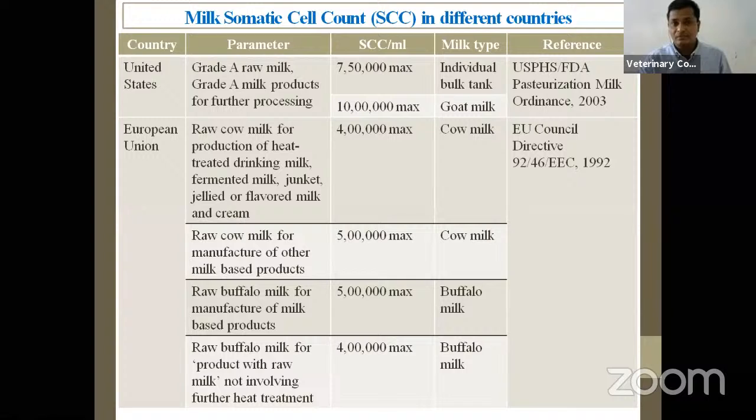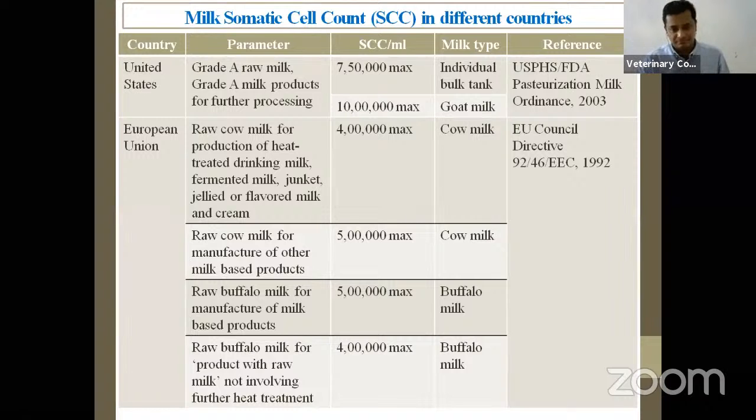This somatic cell count acts as the cow udder health indicator. That is why in USA, 7.5 lakh is the maximum ceiling limit for 1 ml of raw milk. For goat, there is 3 lakh buffer, 10 lakh somatic cells per ml of milk is permitted.